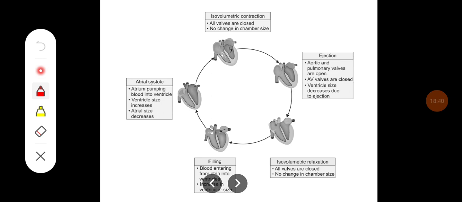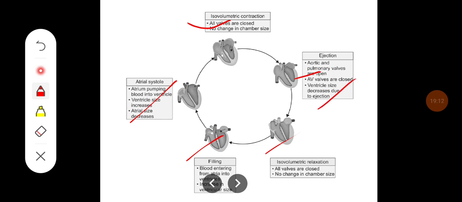Okay. So here there is a recap of the ventricular events which occur during systole and which are going to occur in diastole. During isovolumetric contraction, all the valves are closed and there is no significant change in the chamber size. During the ejection phase, the aortic and pulmonary valves open and the AV valves are closed, and the ventricular size decreases due to the ejection.